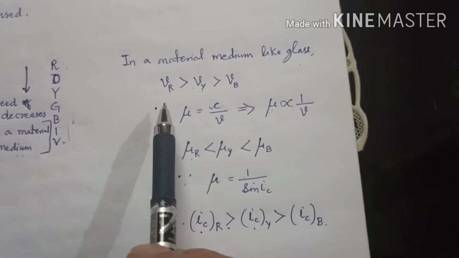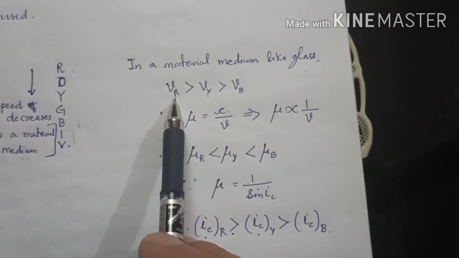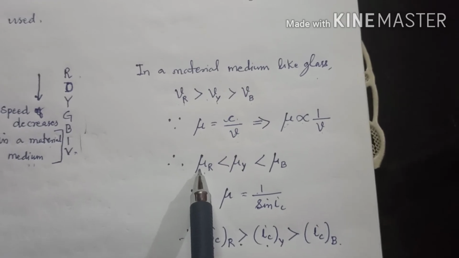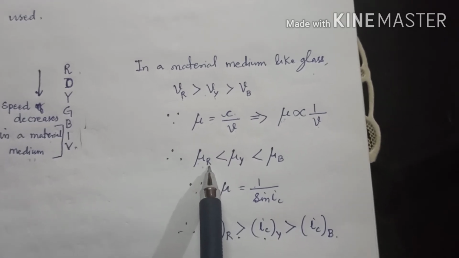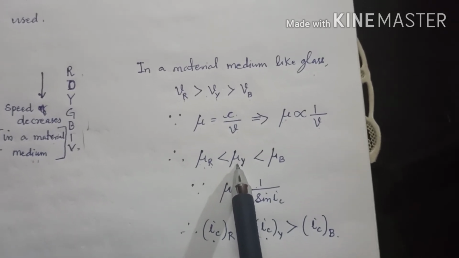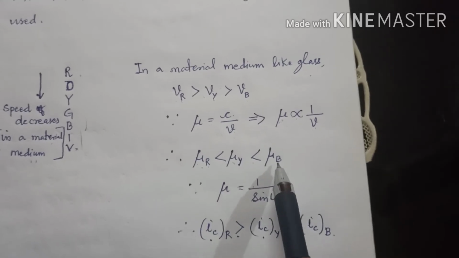So since the speed of red light in glass is more, the refractive index of glass for red light will be less than that for yellow light, and the refractive index for yellow light will be less than that for blue light.